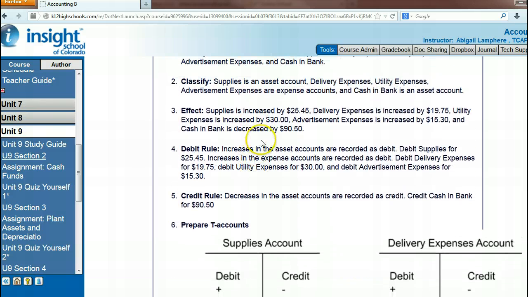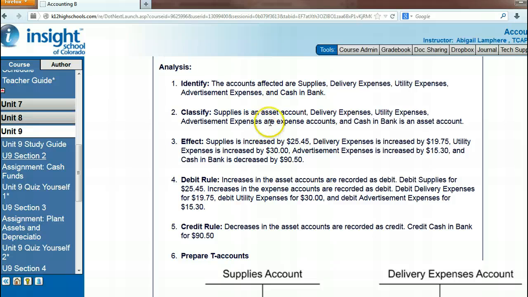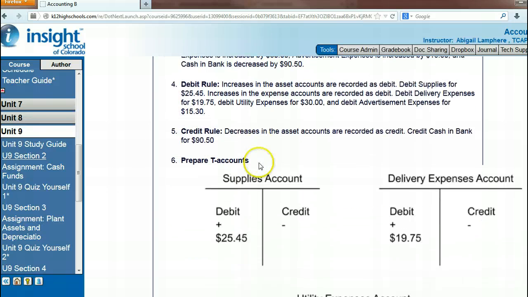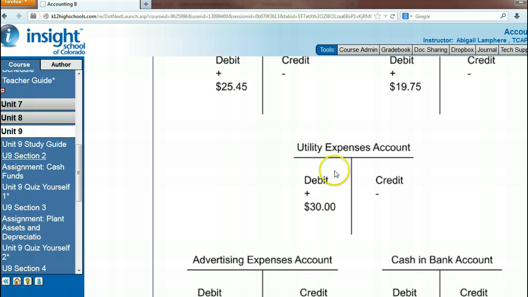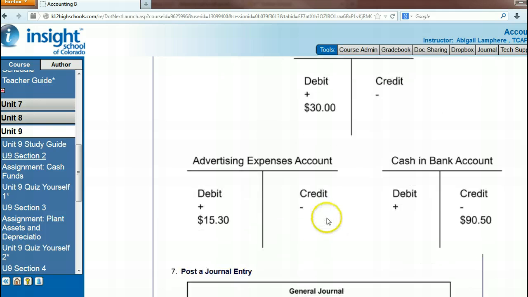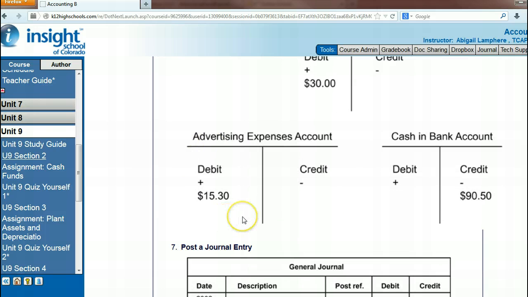All right. So again, we tracked all of our expenses on the petty cash vouchers. At the end of the month, we see we spent $25.45 on supplies, $19.75 towards delivery expenses, $30 towards utility expenses, $15.30 towards advertising expenses.